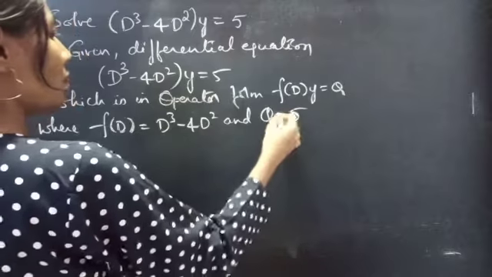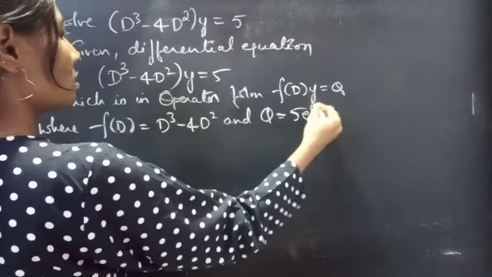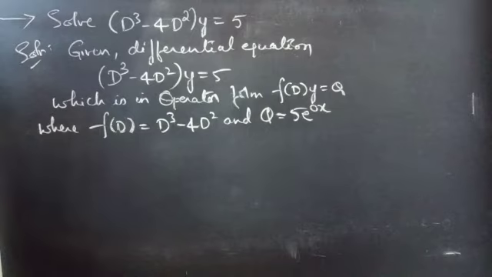You can just write this 5 as 5 into e power 0 into x.